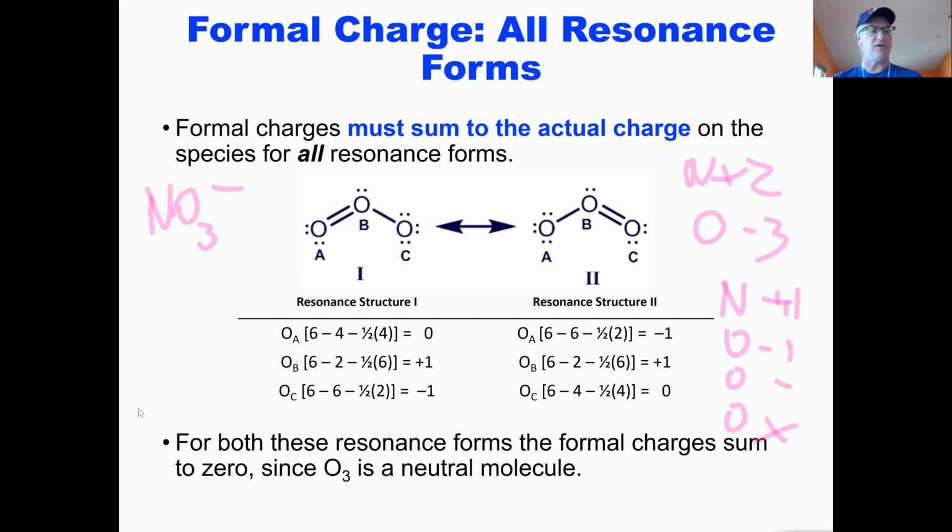And if it's a molecule, what should the charges add up to? If I'm drawing a molecule, ozone, classic example, there's ozone, there's another form of ozone. What must the charges add up to on ozone? It's a molecule, not an ion.